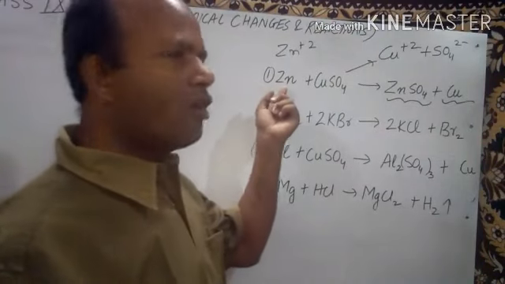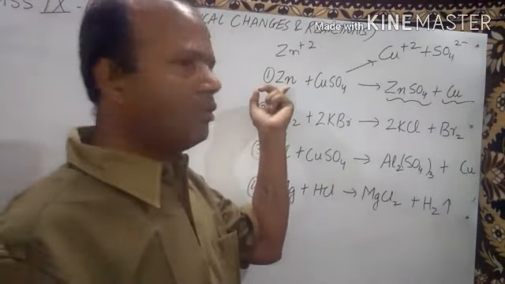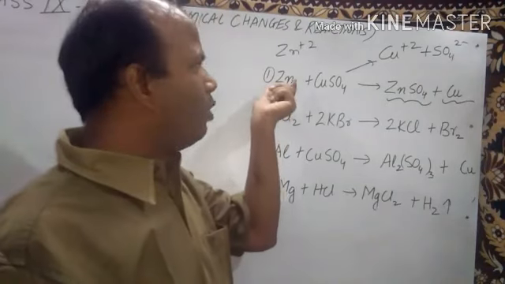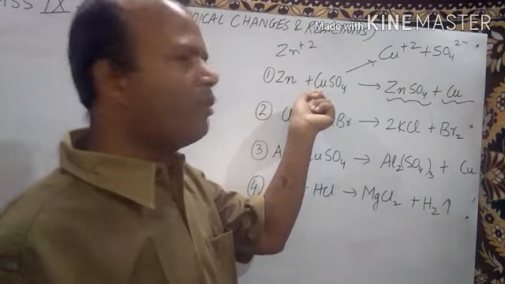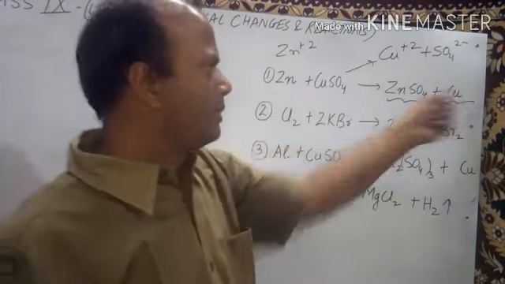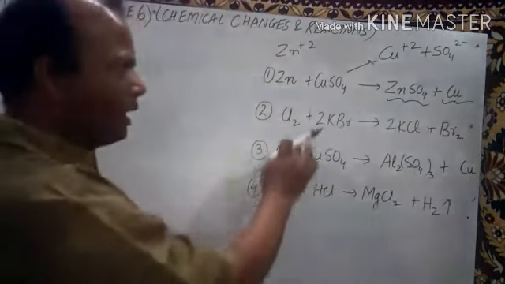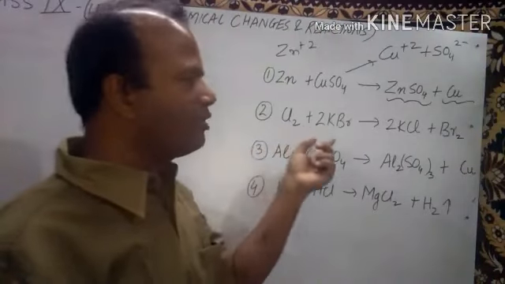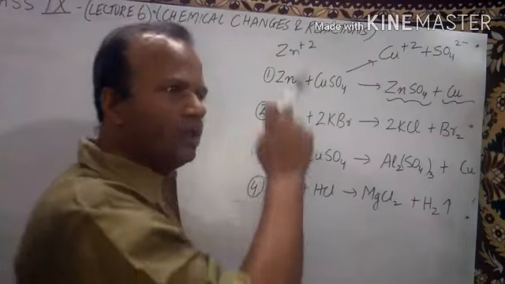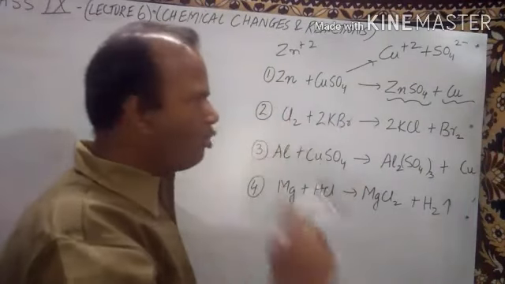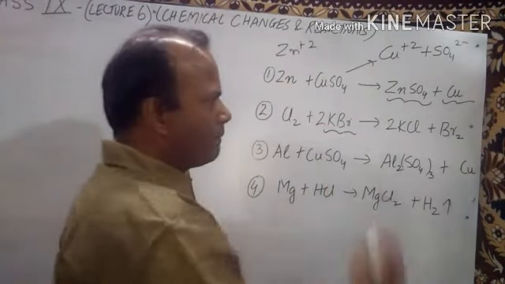Now this was the case of the reactivity series of metals, means a more electropositive metal is displacing a less electropositive metal. Now the second example is of electronegativity, a more electronegative element displaces a lesser electronegative one. Chlorine. So we have at the top fluorine, chlorine, bromine, and now KBr.